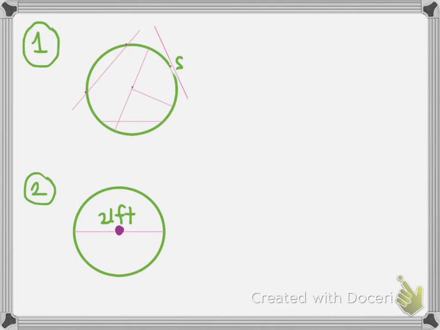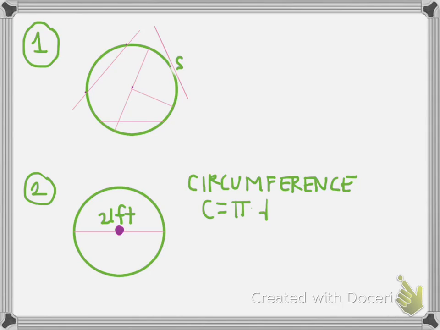Okay, so if I wanted to look at the circle and find the circumference of the circle, remember your circumference is pi times your diameter.